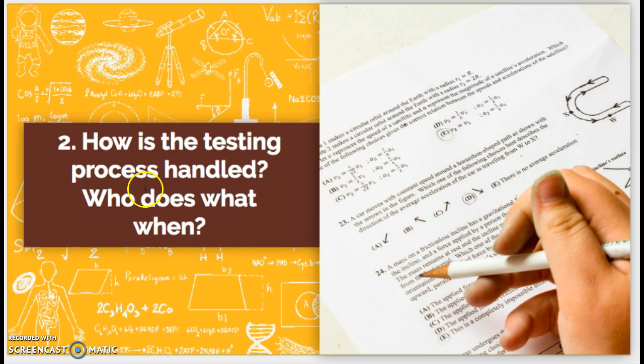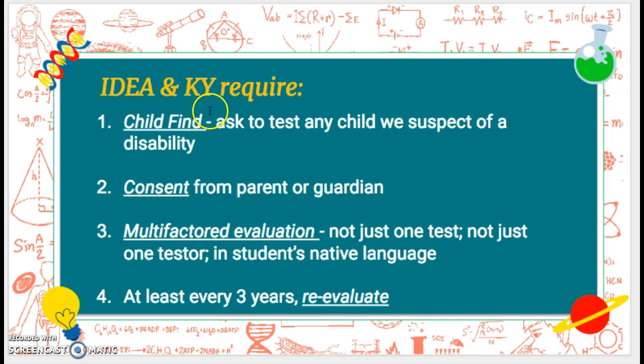So when we're talking about testing, how that happens and what that process looks like, we know that IDEA requires us to look for any child that might have a disability in our community. We must receive consent from the parent or guardian before we begin any kind of testing. We must have that multi-factored evaluation looking at the student's entire profile, and that test must be in the student's native language.